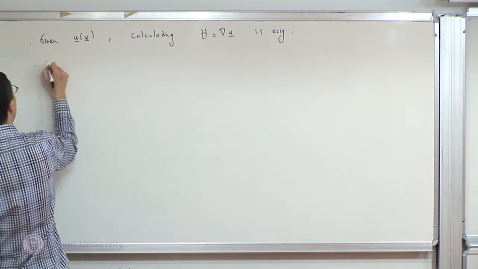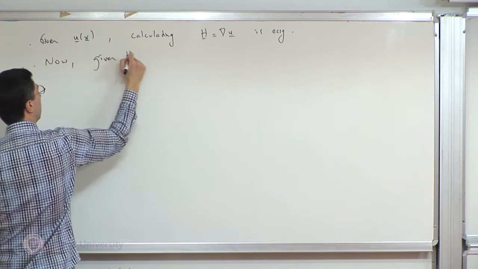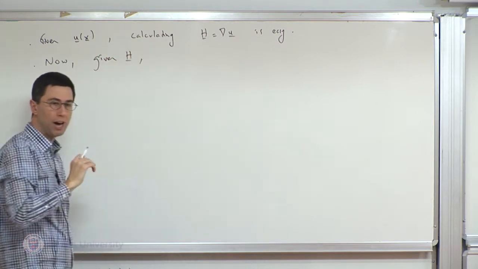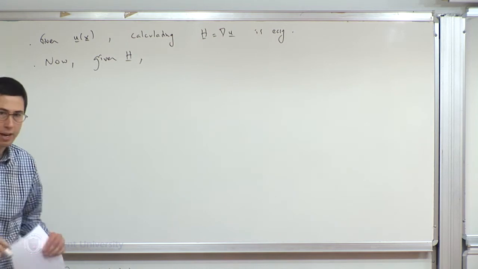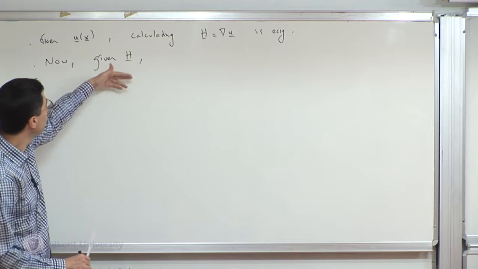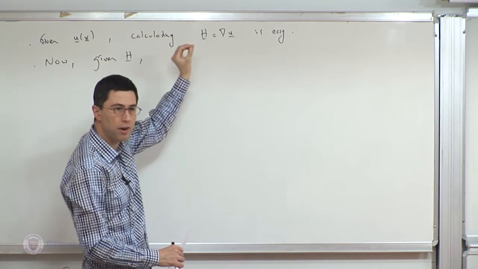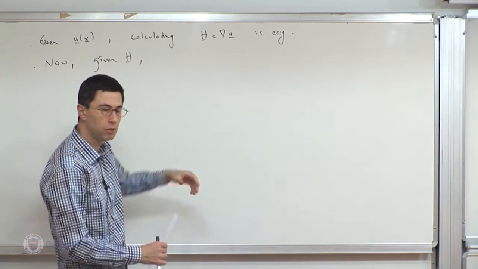So now, however, suppose I give you an h, and h is a function of position, and I'd like to construct u out of it. So first, I must ensure that there exists such a u by a similar argument.